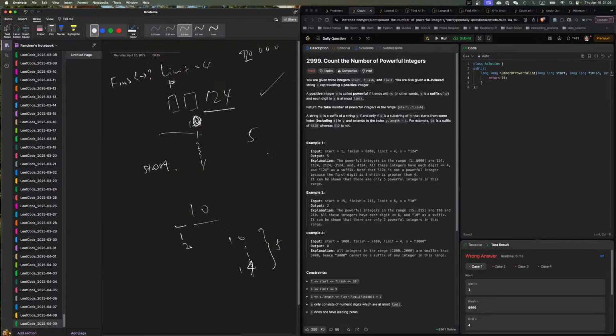Then we have a limit, right? So we say if the start is bigger than this, probably not. If the start is not bigger than this, then we just keep going.